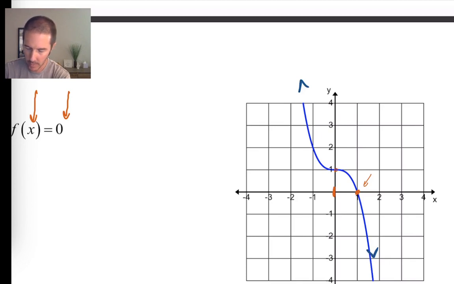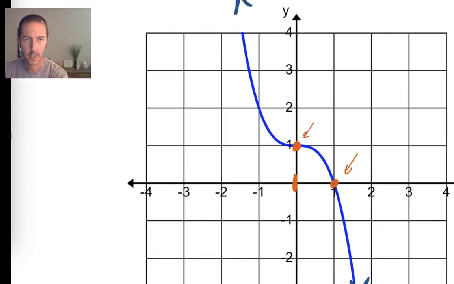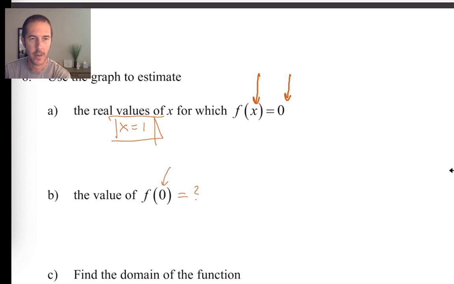In this case, we're going up. We encounter our function at this point, and its corresponding y value is 1, so we can say that the value of f of 0 is 1. Remember that this is a y value.